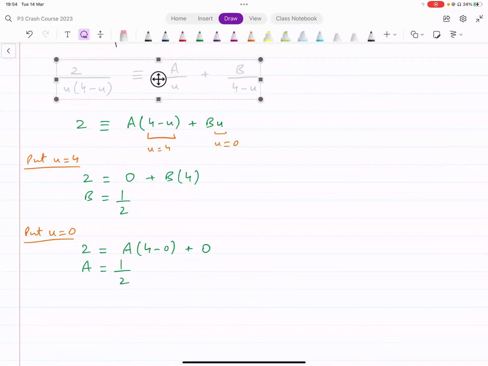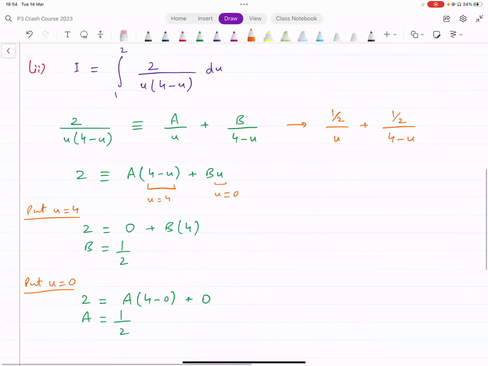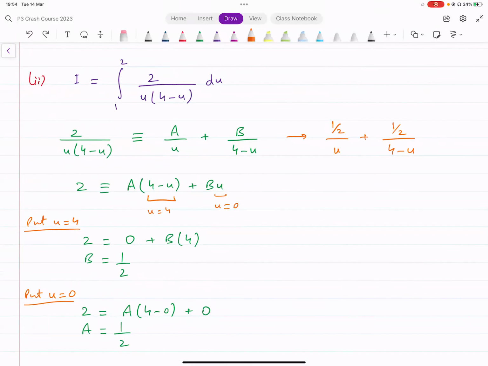So these partial fractions become 1 over 2 over u plus 1 over 2 over 4 minus u. That's what it becomes essentially. So instead of integrating this original function, you integrate these two separate fractions separately.